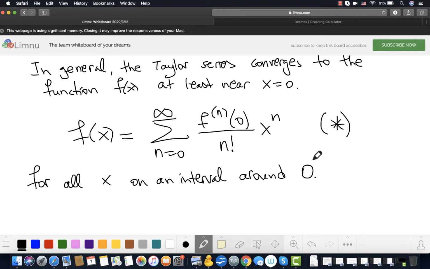Of course, for some functions like e to the x, the Taylor series converges to e to the x for all x. So what does this mean?